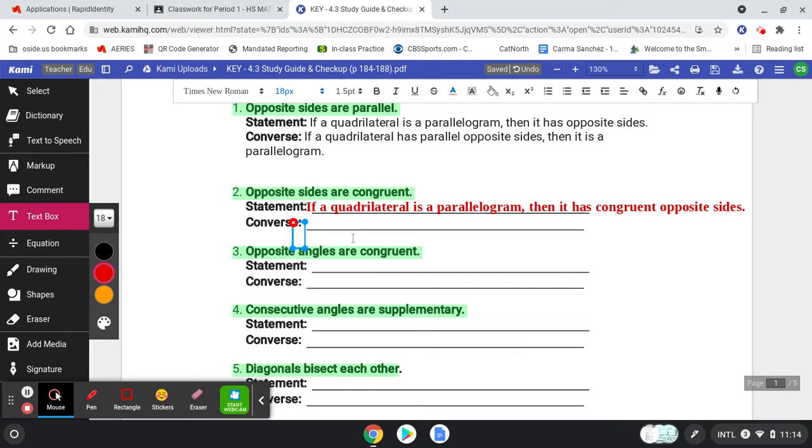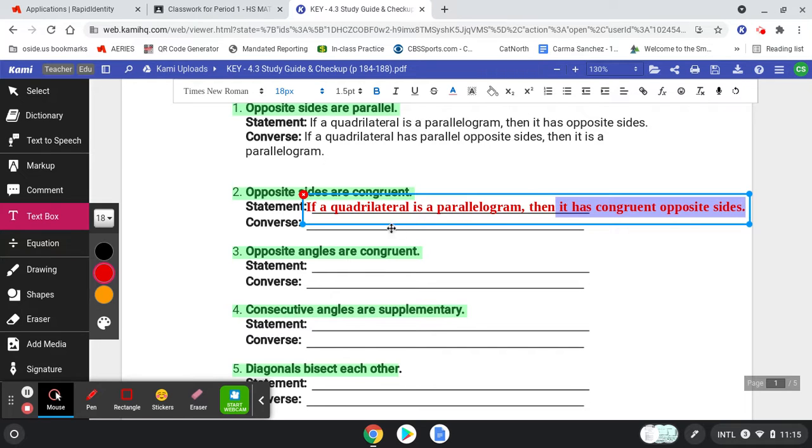Okay, so we could say that the converse of this would be, if a quadrilateral has congruent opposite sides, then it is a parallelogram. Do you see how I'm basically going to take the back part and flip it with the front part?